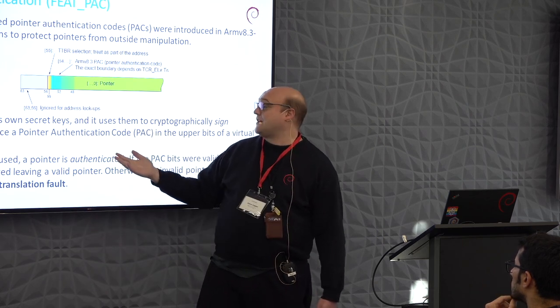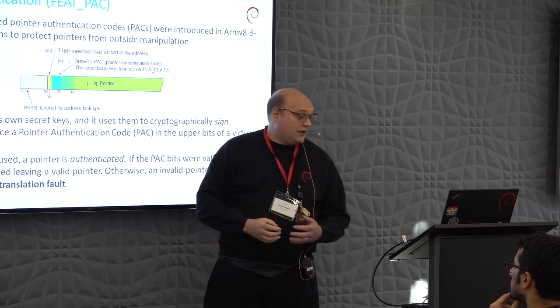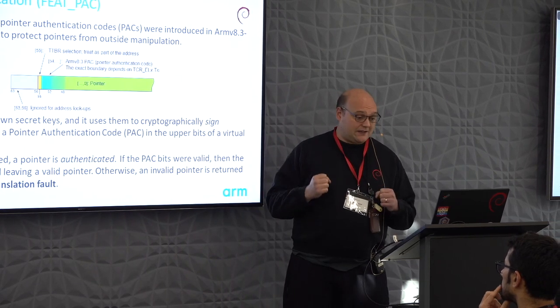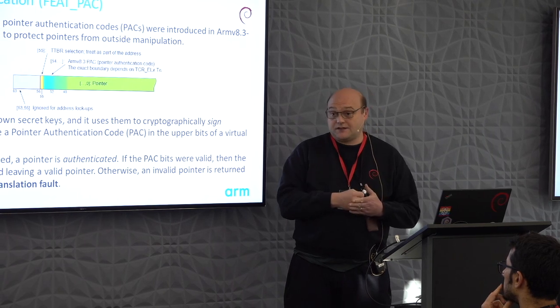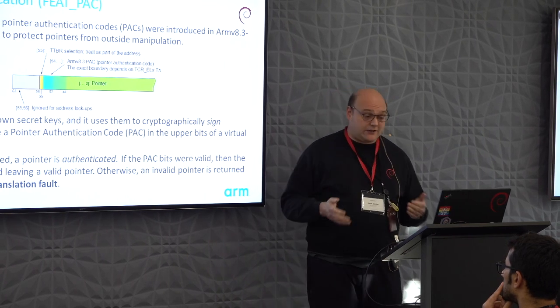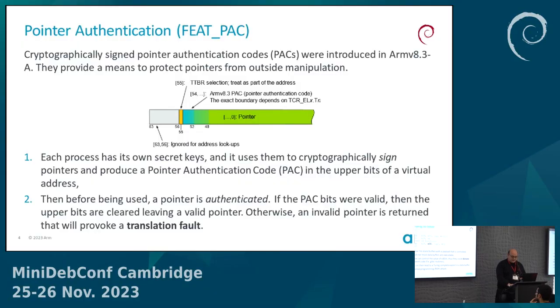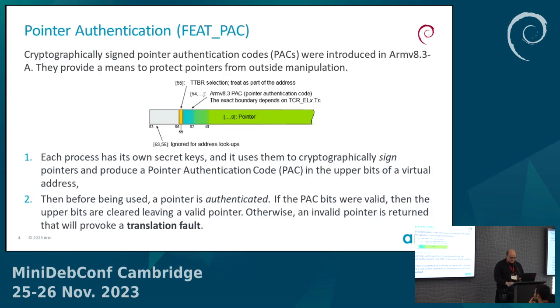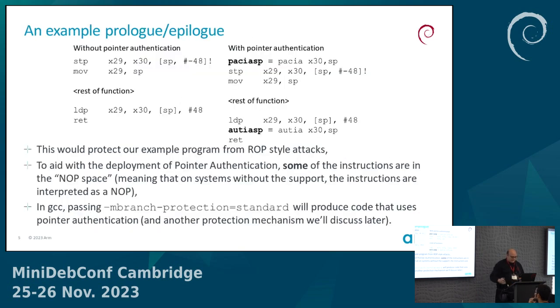I'll go through that in more detail. So the idea is that the return addresses are stored and basically signed and authenticated. And that's the idea, to try and stop, let's say, X30 being corrupted, because it would be detected. So it's all well and good saying this. So how do we do this?